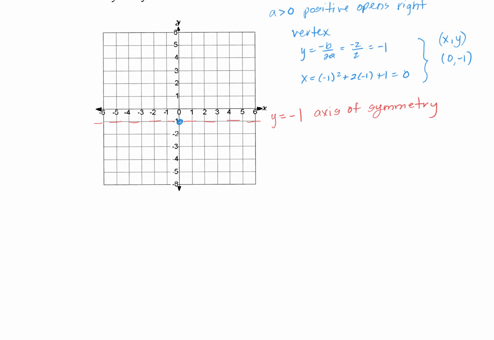So I already know that I have the point y equal to negative 1, x is equal to 0. So I want to pick y values close to negative 1. 0 seems appropriate. So the question comes up, why am I putting values in for y? Wouldn't it be easier to put in values for x?